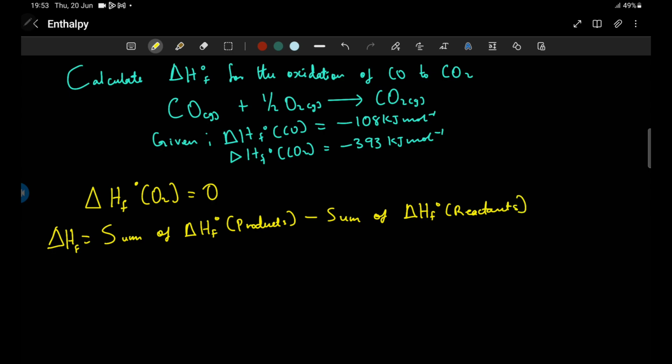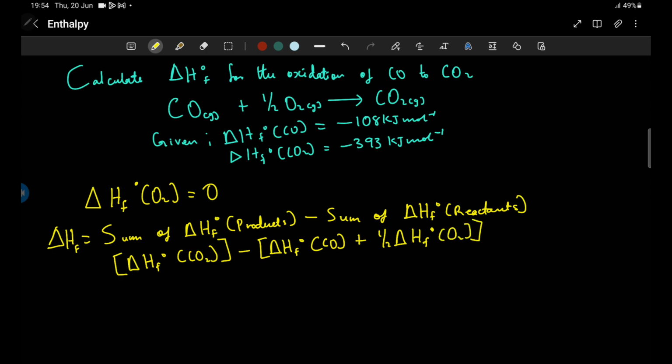And in this scenario, you can say the heat of formation for carbon dioxide minus the heat of formation for carbon monoxide plus 1/2 the heat of formation for oxygen.